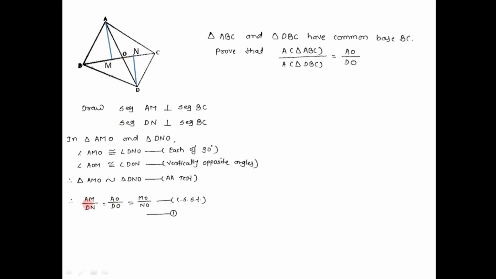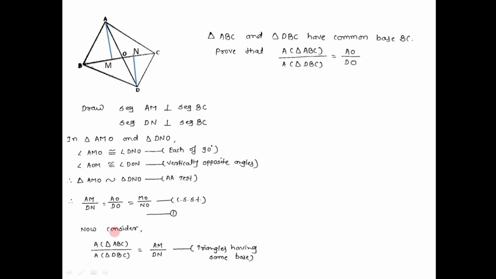So AM corresponds to DN, AO corresponds to DO, and MO corresponds to NO. That means AM divided by DN is equal to AO divided by DO is equal to MO divided by NO. The reason is corresponding sides of similar triangles. We'll name this as equation number 1.